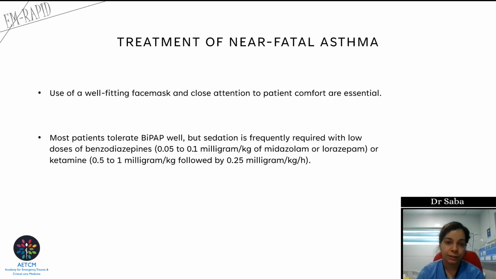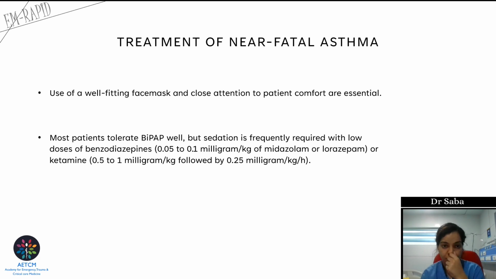We use a well-fitting face mask and close attention to the patient. Comfort is essential because if the patient is agitated and not cooperative with the BiPAP, or if there is no well-fitted face mask and there is air leak, in all of those cases it will lead to failure of the non-invasive mode of airway support, and the child can end up in intubation.